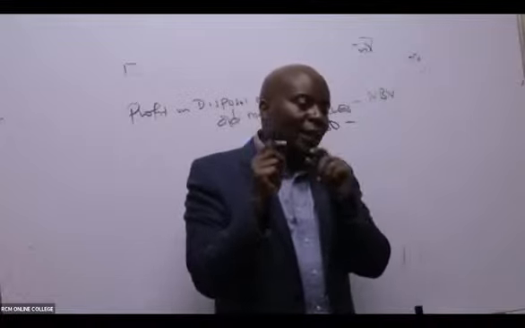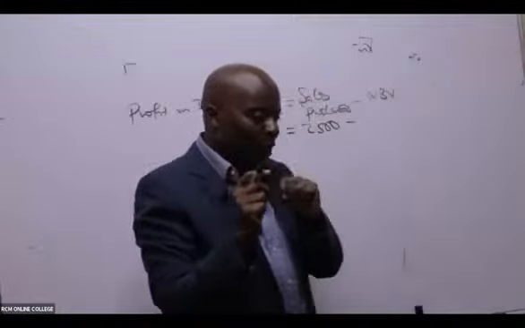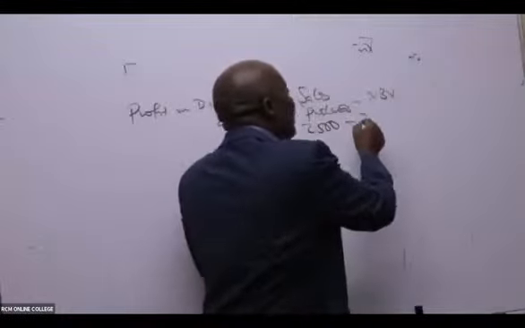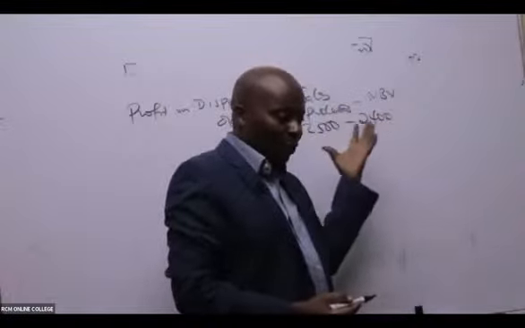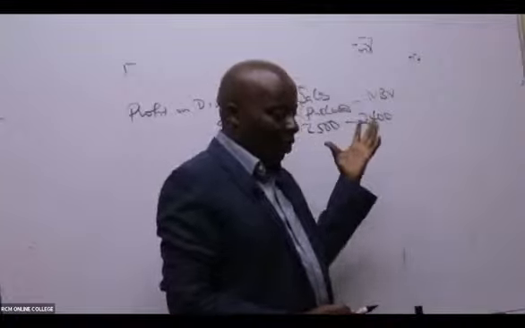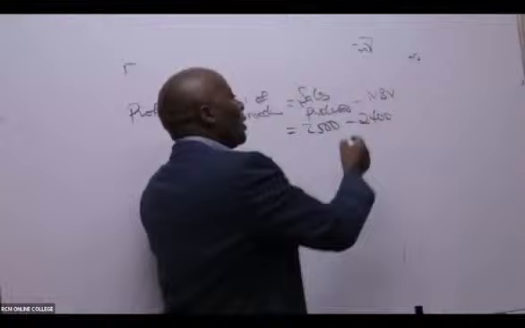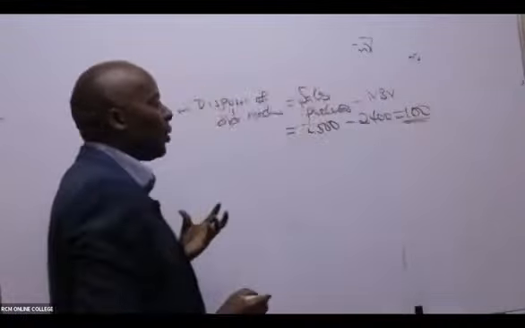Remember, we calculated the net book value of the old machine before. It was 2,400. Are they able to see this figure? 2,400. Thank you very much. So this will end up giving me 100.